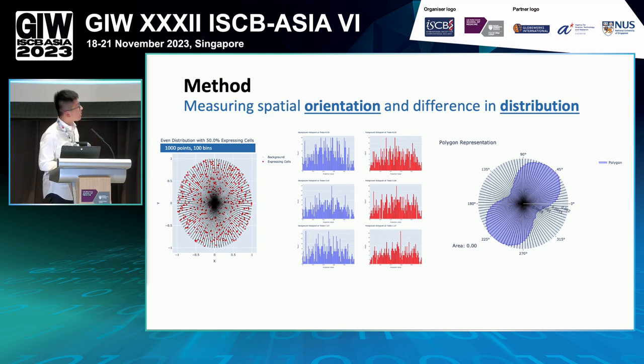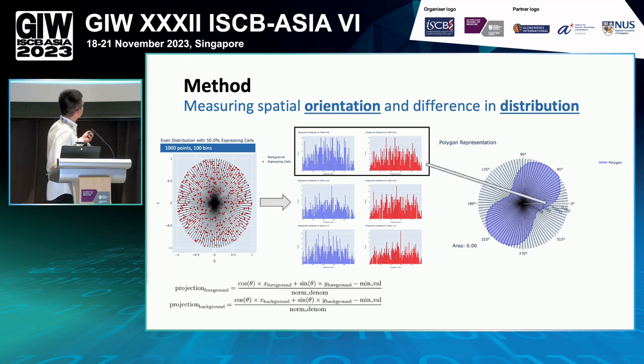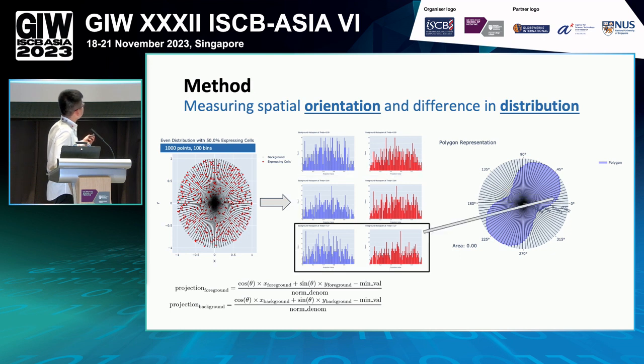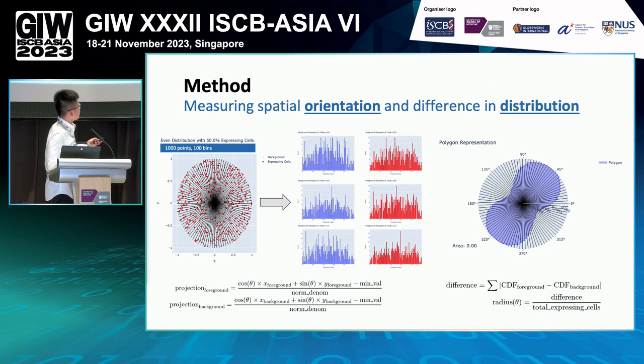So to go into the method in more detail, after we generate the foreground and background distributions for each angle, what you'll get is a 360-degree representation of this figure. To get a numerical value for each of the radius plot over here, we took the foreground and background cumulative distribution curve.